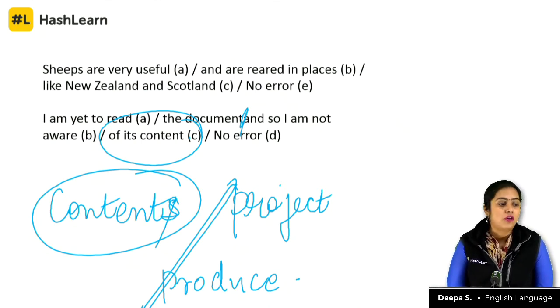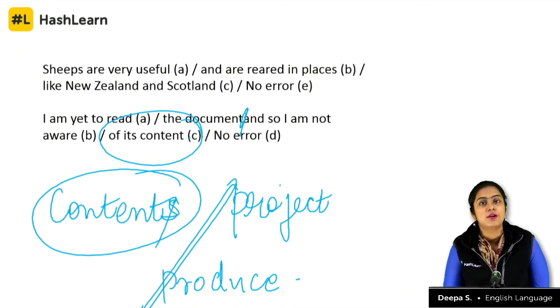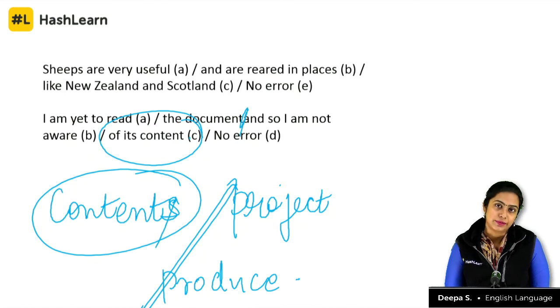For example, my project involves long hours at work. In this case, I'm using it as a noun, so I pronounce it as project. He projects himself as the successor of this particular politician. So in this case, I'm using project as a verb.